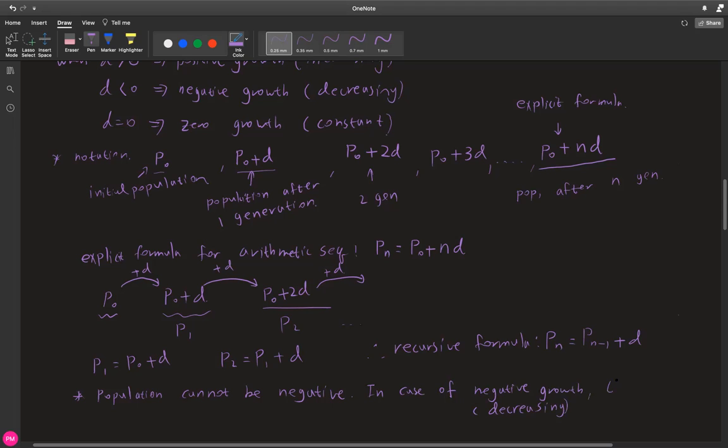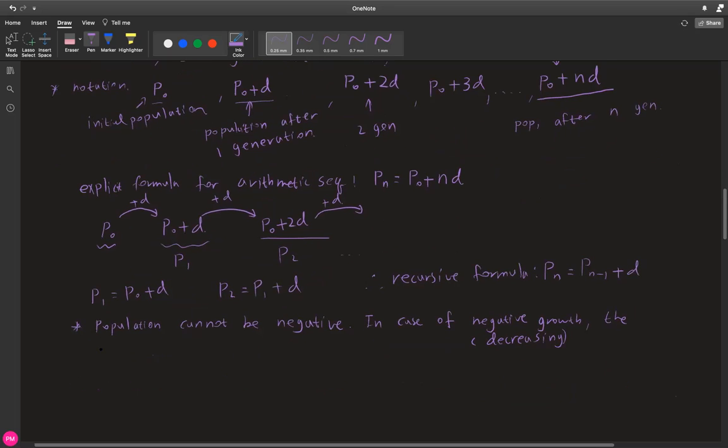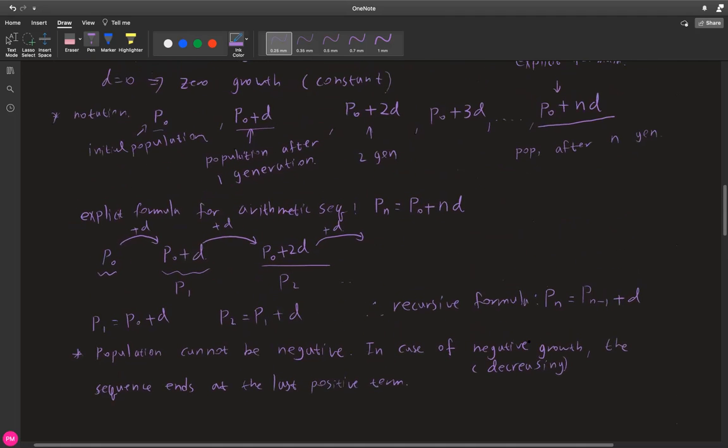The sequence ends at the last positive term. And everything from then on is 0, 0, 0, a constant zero value. Does that make sense?